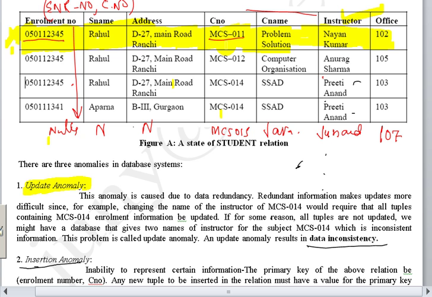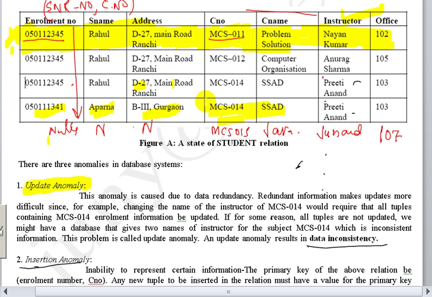Are you getting me? For example, here Aparna has an enrollment number, she is living here, and she's enrolled for this course. That's why I'm putting this with her. But it has all kinds of problems.